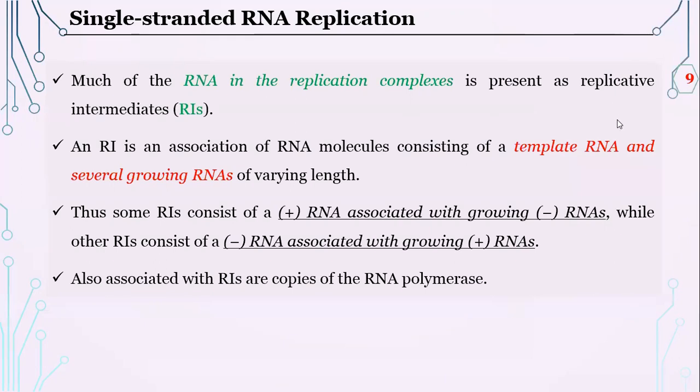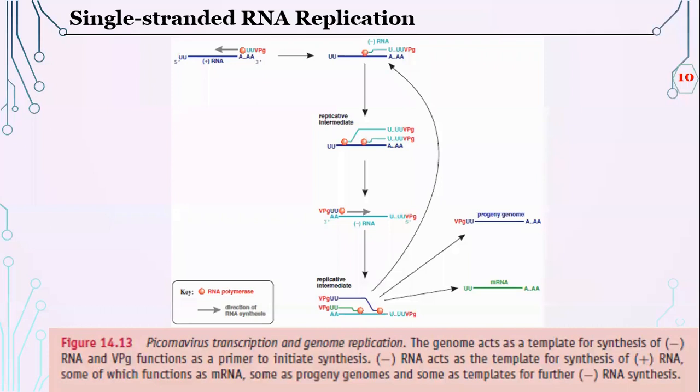And coming next is the diagram. In the blue color you can see a representation of a positive RNA, and this is a positive RNA virus. On the 5' end you can see two uracils, and at the 3' end you can see multiple A's.